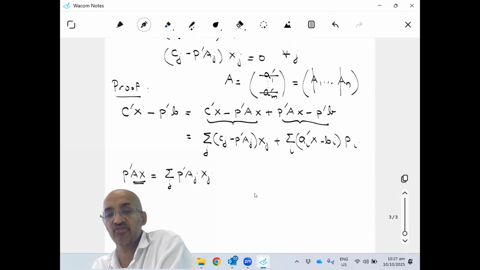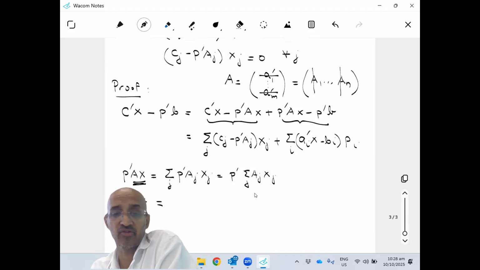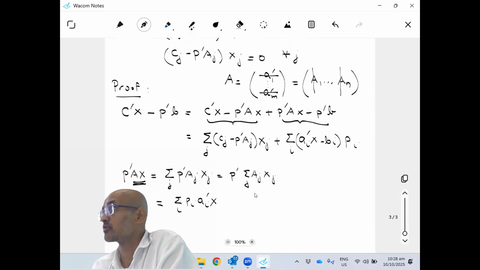Basically AX is the same as taking the column vector and multiplying it with the corresponding X. When I'm writing P transpose AX in the second term, I'm writing this as summation I PI AI transpose X.